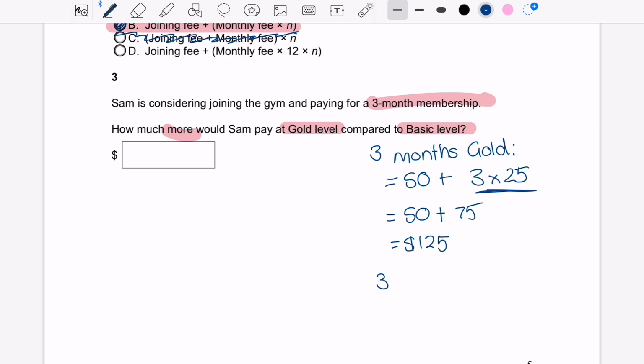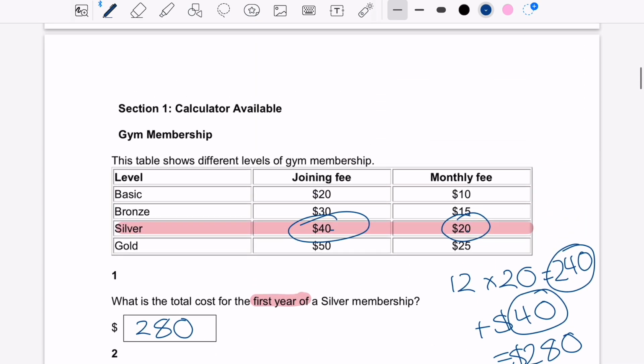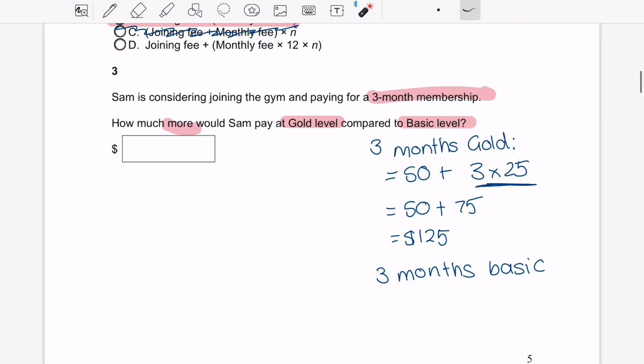Now we want to do 3 months of the basic. Here it is. So $20 joining fee, and then 3 months of $10.